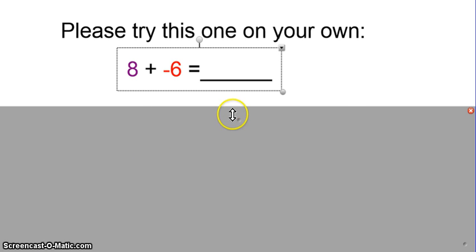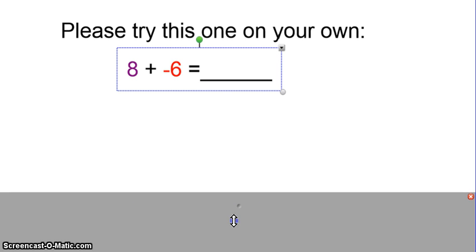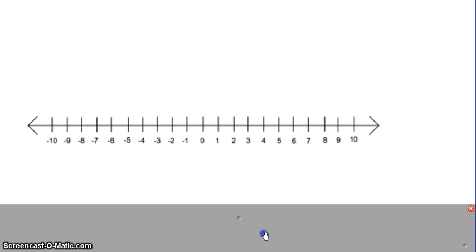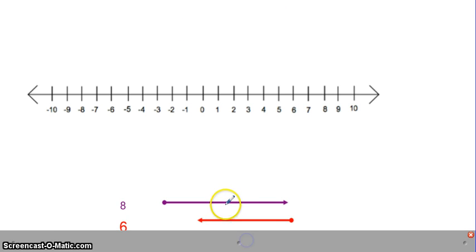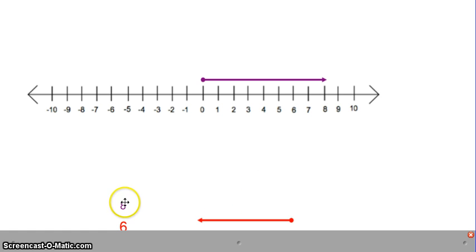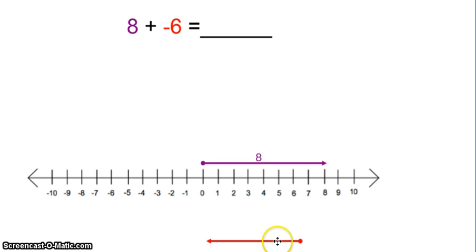Now that you paused the video and tried this one on your own, let's take a look. If we have 8 plus a negative 6, we'll start off with 8 and go 8 spots to the right because we are in the positive direction. And if we're adding a negative 6, we will go back 6 spots.